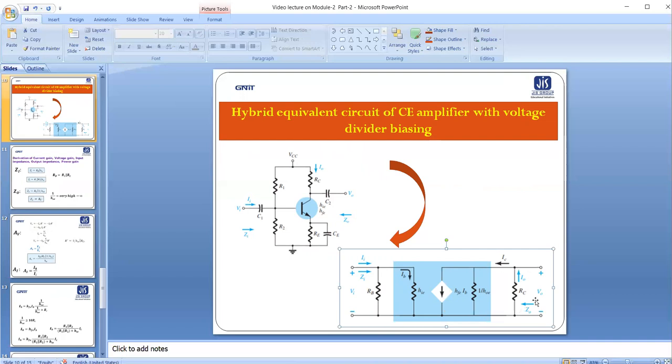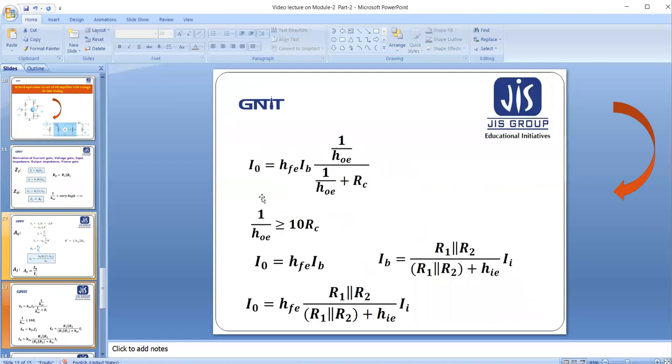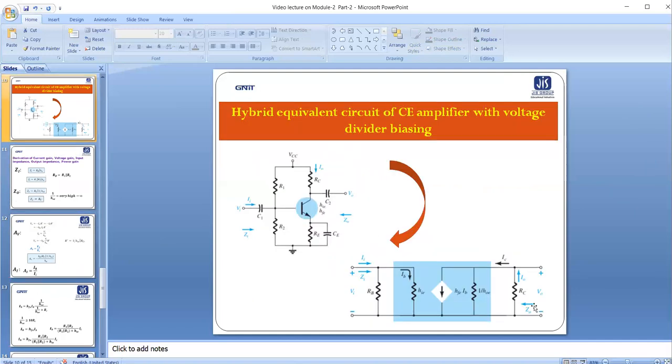So I naught is written as HFE into IB. It is a very important, interesting thing. If we consider HFE into IB as the main current source, it has two components.